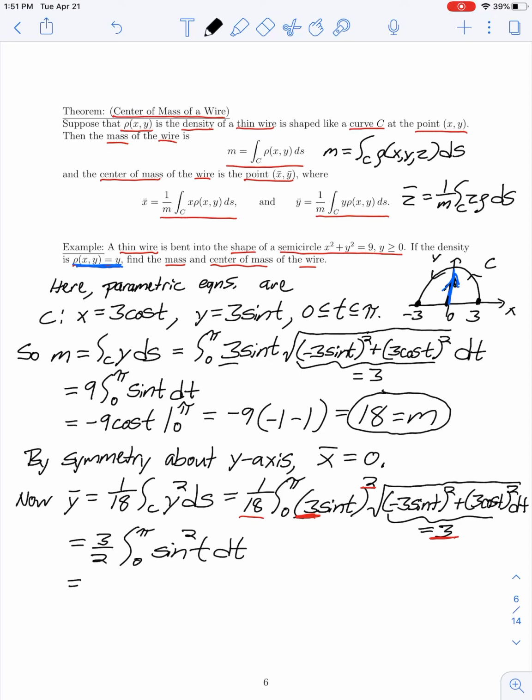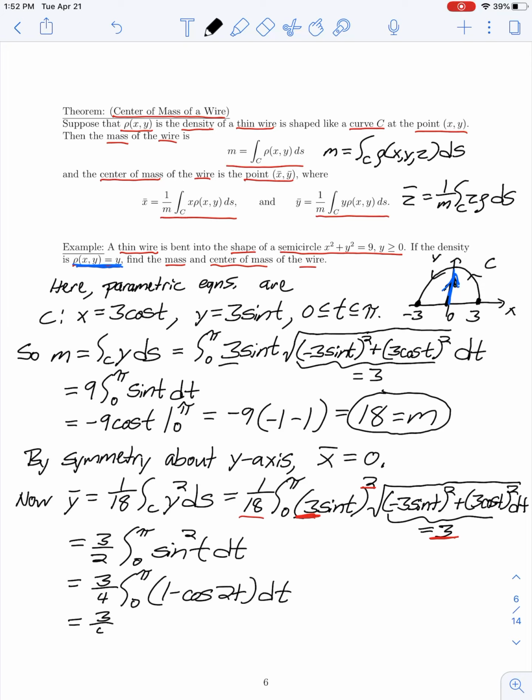And again, to integrate sine squared, we've got to make use of our trig identity. Sine squared is half of 1 minus cosine of 2t. So here, half of 3 halves gives me a 3/4 integral from 0 to pi of 1 minus cosine 2t dt.